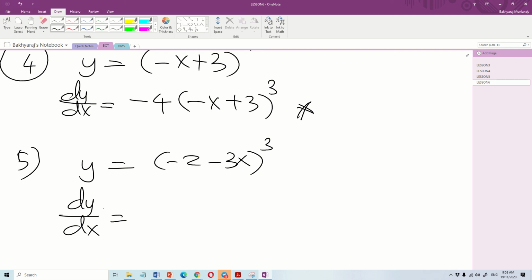Okay, equals to, correct, negative 9 (negative 2 minus 3x) power of 2. So kita dapat.